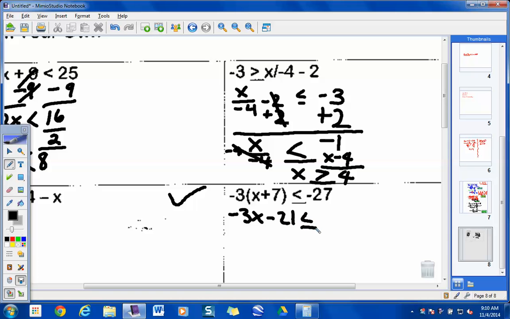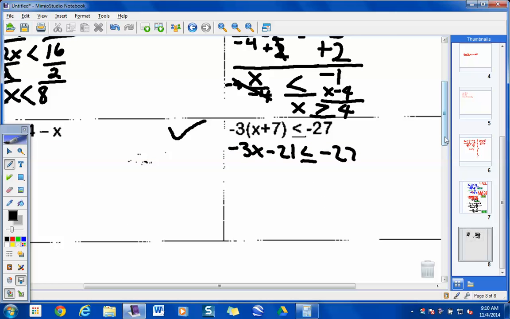Alright, so you're distributing first, it looks like. Is that right, Chelsea? Yeah. Okay. We're gonna move this down. Here you go. Okay, added 21 to both sides, I agree.